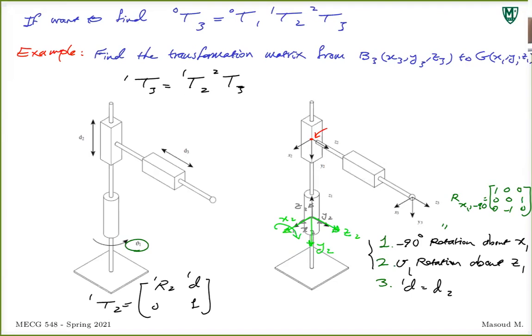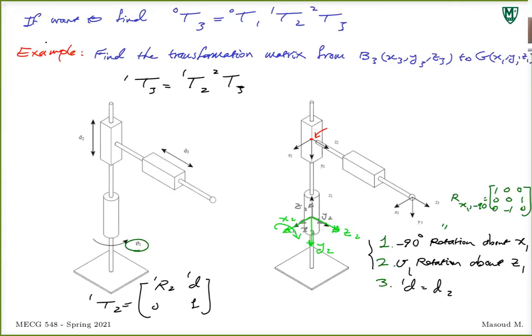So I have no other choice but going to next slide. So I'll write R. What was that? About Z1, V1 amount. So that will give you, you have Z1, so cosine V1 minus sine V1 0, sine V1, cosine V1 0, 0, 0, 1.